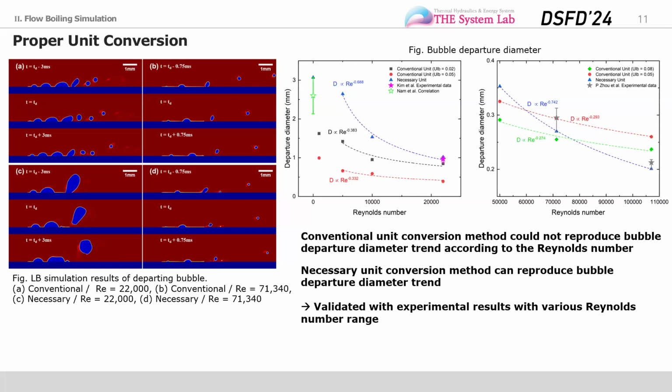Contrary to this, the necessary unit conversion method can match the departure diameter within the wide Reynolds number range. So this necessary method is adopted for the turbulent high Reynolds number flow boiling simulation.